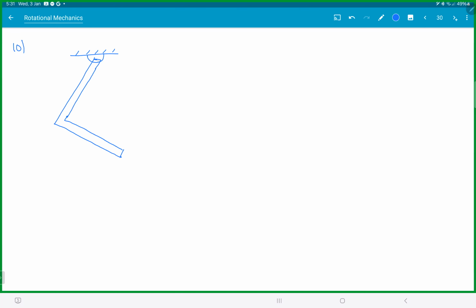So this is mass m, length L, mass m, length L. The L-shaped rod is hinged at one end, in equilibrium.